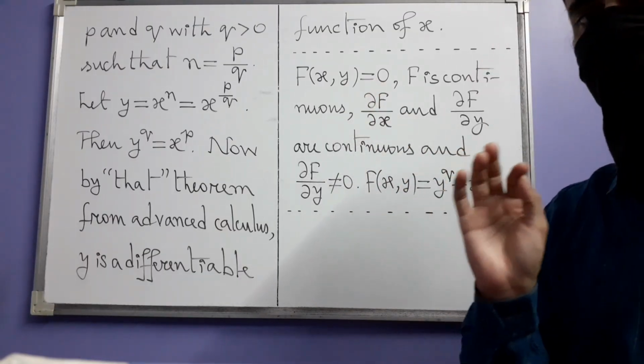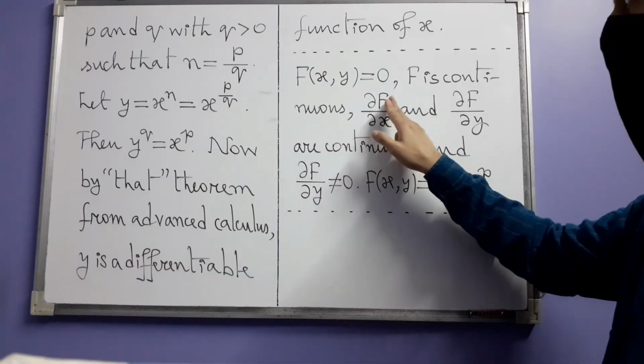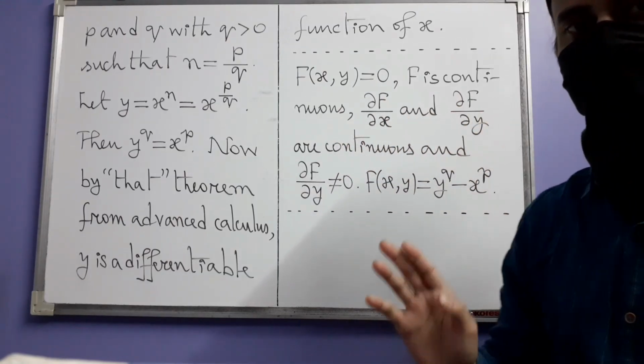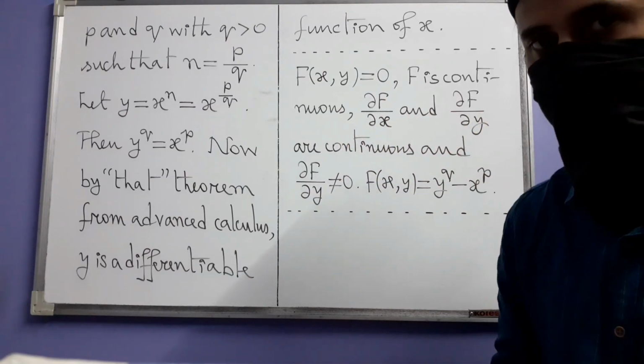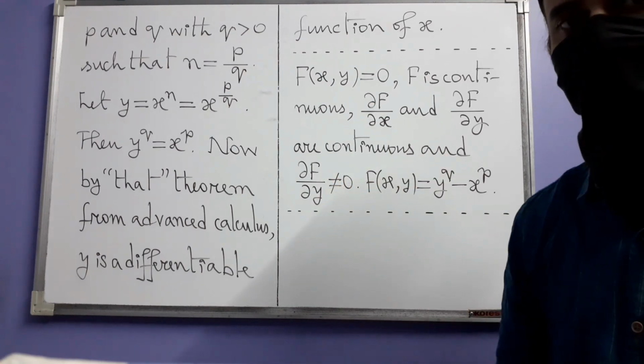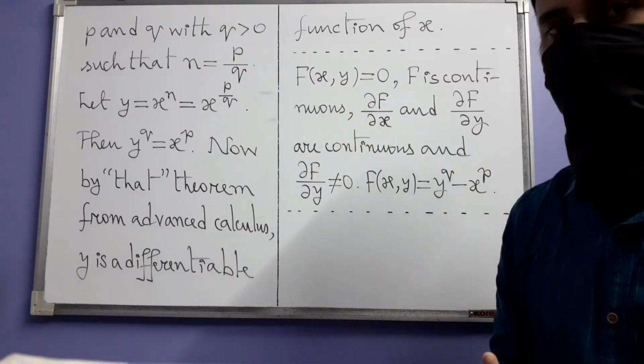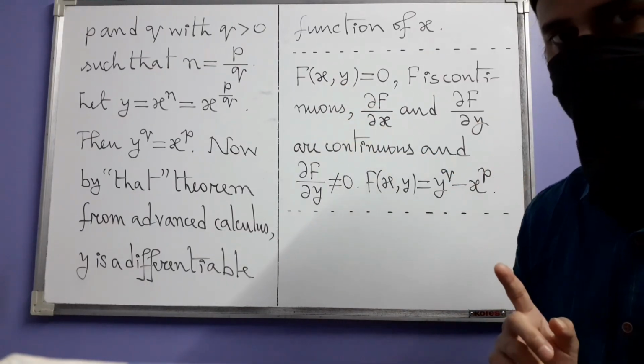And there are some conditions on the function f itself, that f is continuous, its partial derivatives with respect to x and y are themselves continuous, and the partial derivative with respect to y is non-zero, then y is a function of x. That's the first thing.